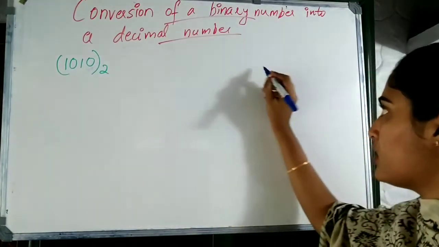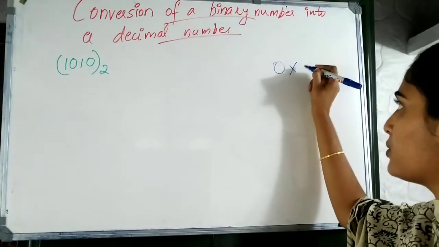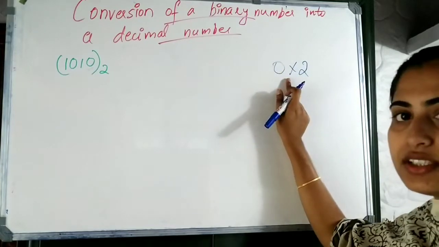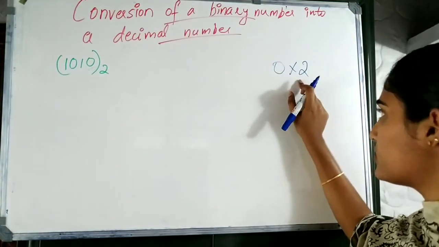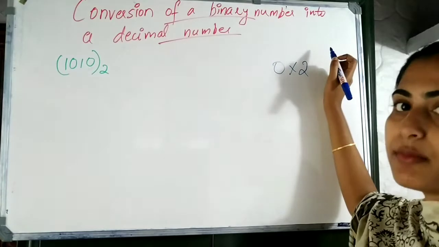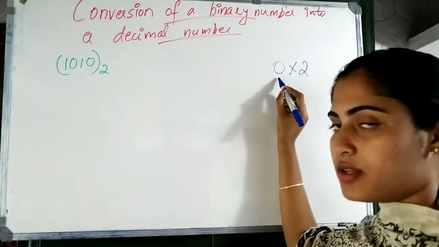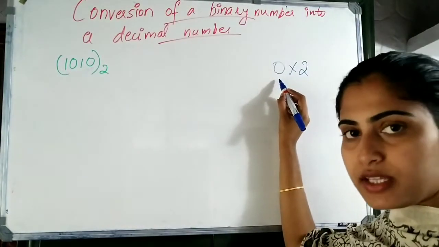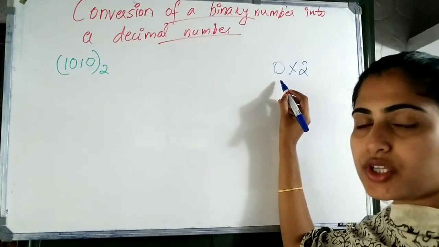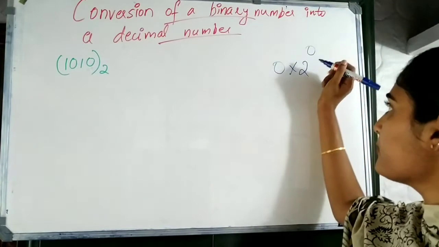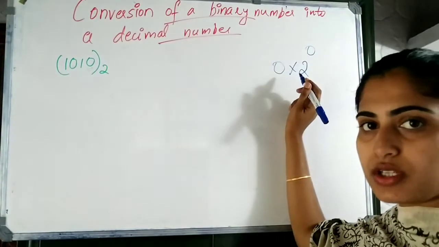For the digit at units position, the power is 0. So 0 into 2 raised to 0.